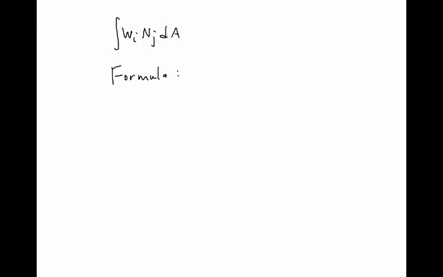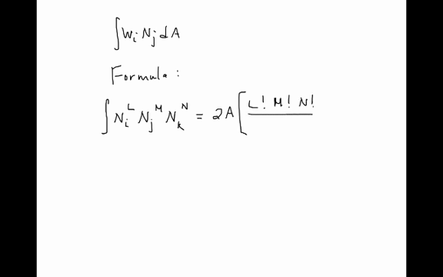Basically, what we have is that the integral of n sub I to the L, n sub j to the m, n sub k to the n is equal to 2 times the area times L factorial, m factorial, n factorial over L plus m plus n plus 2 factorial.